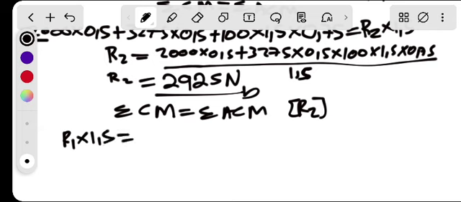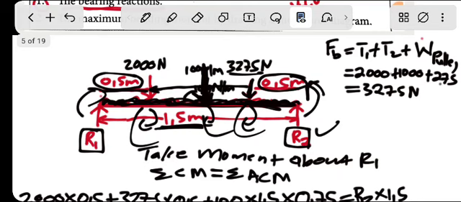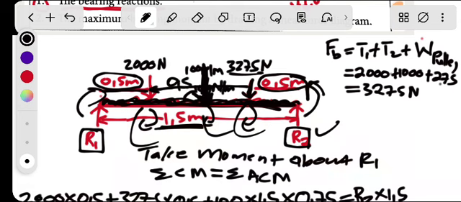It equals 200 multiplied by 1, from here until this is 0.5, and adding this 0.5 makes 1, this distance.